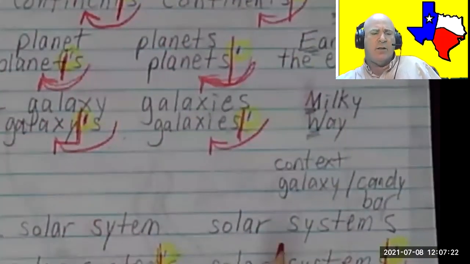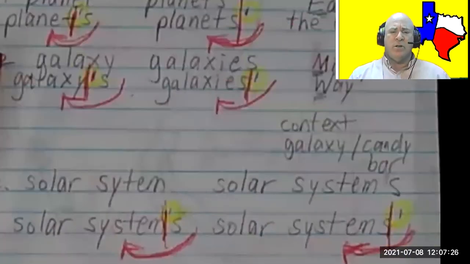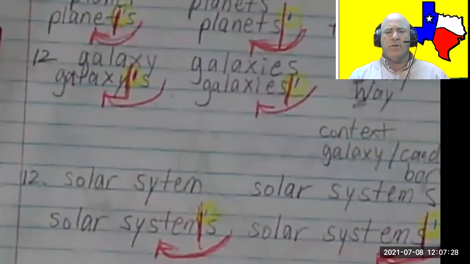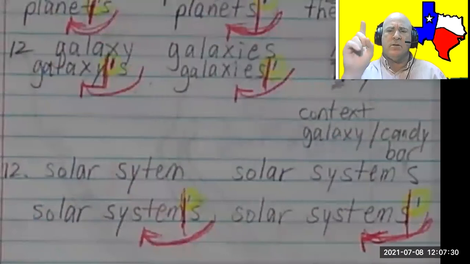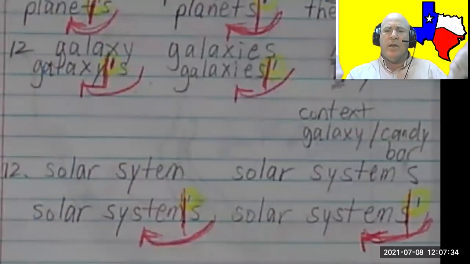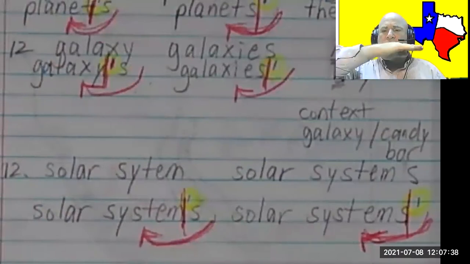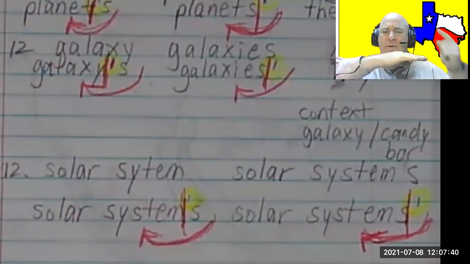All right, last one. Thanks for your patience on how to do this. Solar system, singular. Two words, SOLAR, space, because I've got to practice.